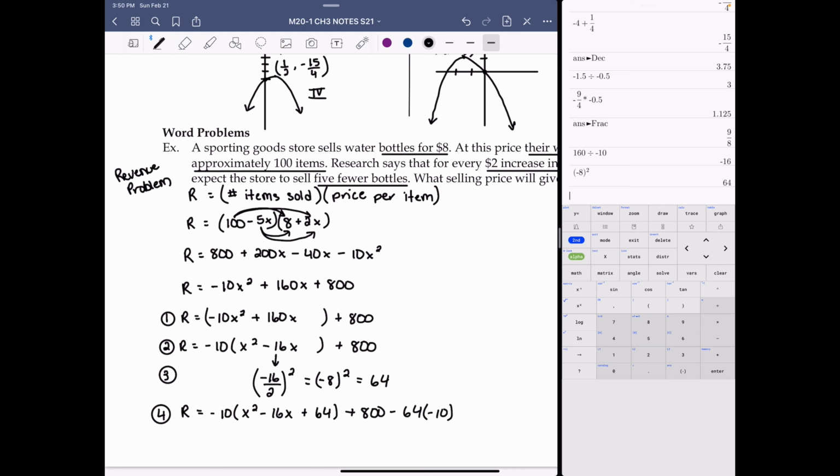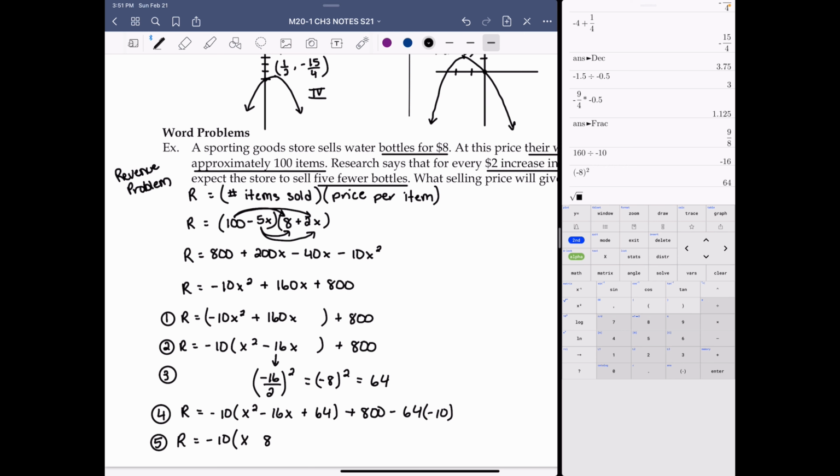Step 5. We want to factor the trinomial and simplify the constant. So negative 10 bracket, square root of x squared is x. Square root of 64 is 8. You can use your calculator if you need to.